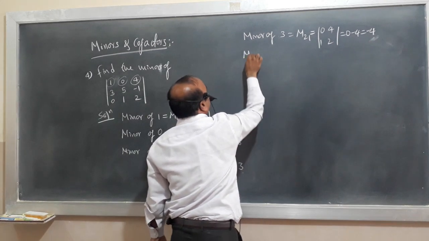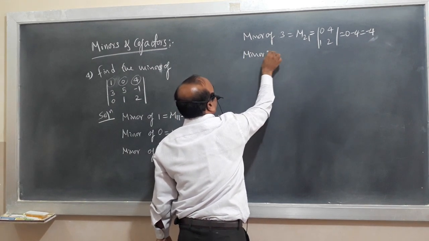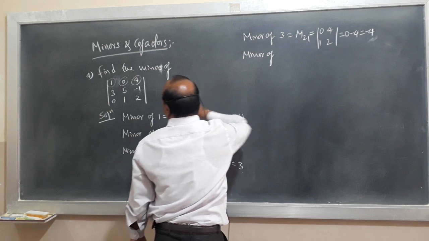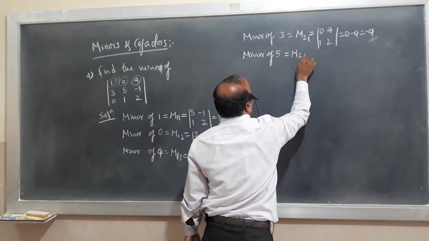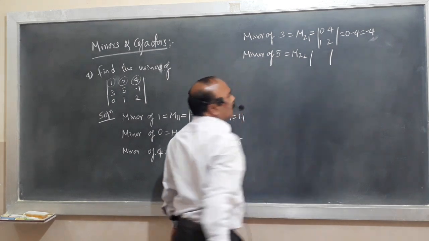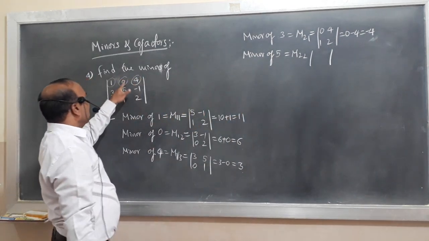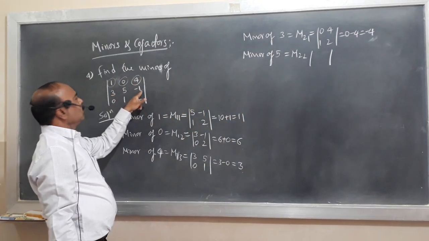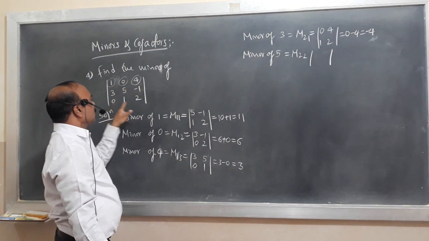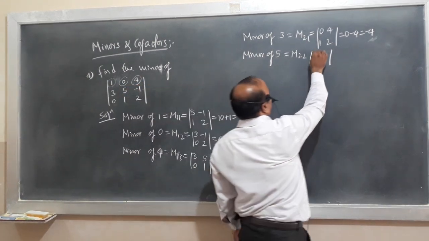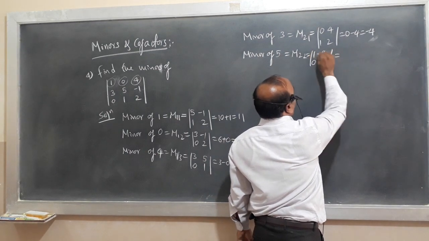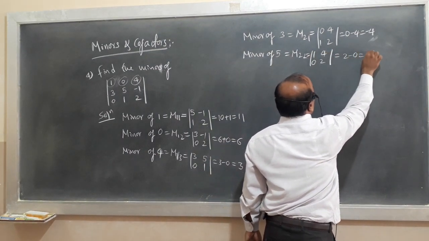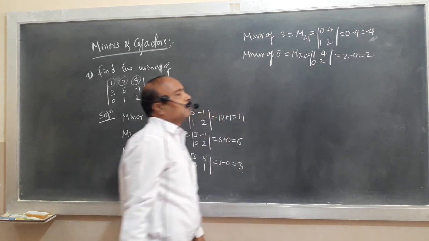Next, minor of element 5, it is M22. The determinant of this, deleting this column and this row, we get 1, 4, 0, 2. So this is equal to 2 minus 0, it is 2.